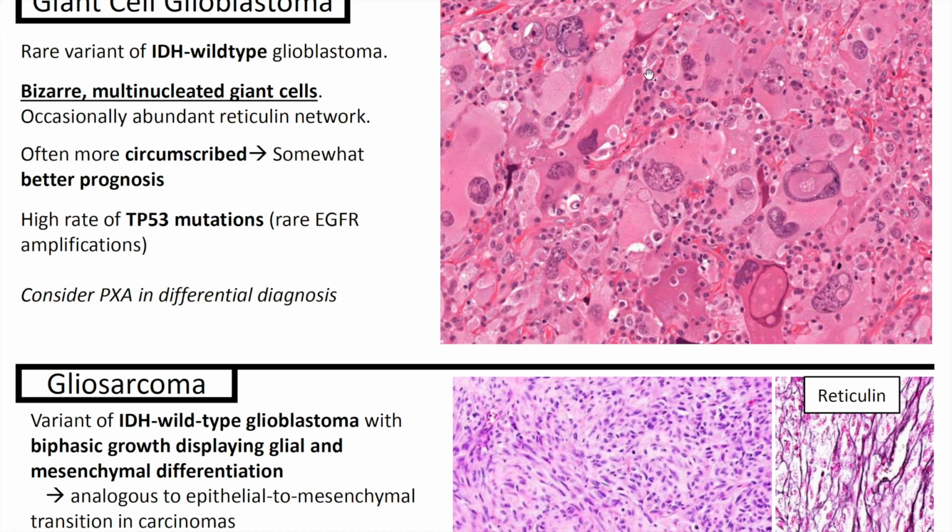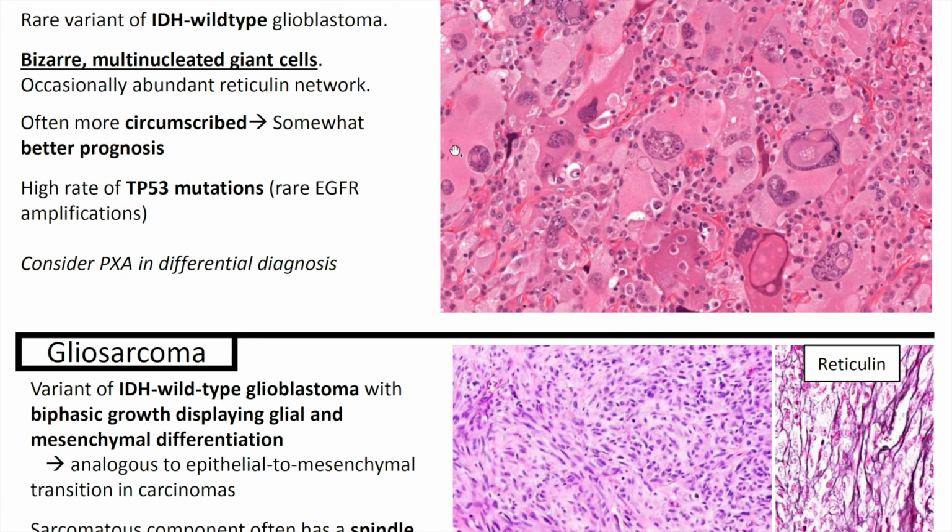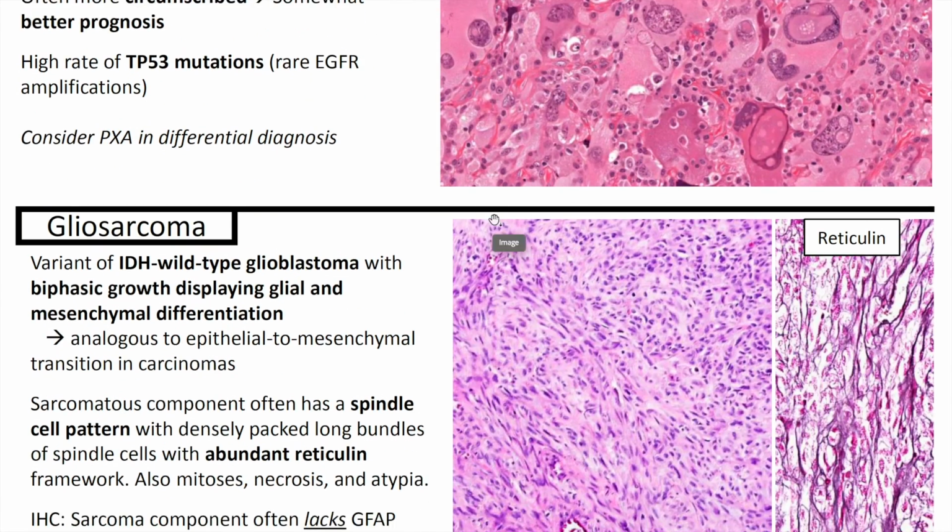And if you see this histologically, you would want to consider a PXA, or pleomorphic xanthoastrocytoma, in the differential diagnosis, just because it looks pleomorphic, and then you have some of that xanthomatous appearing cytoplasm as well. So PXA would definitely be something you'd want to rule out.